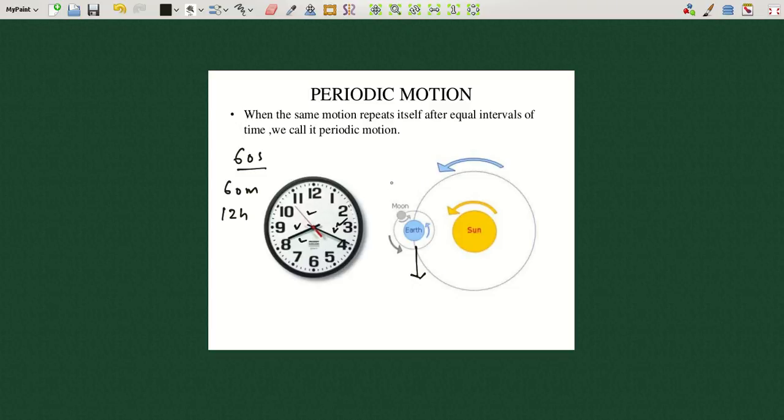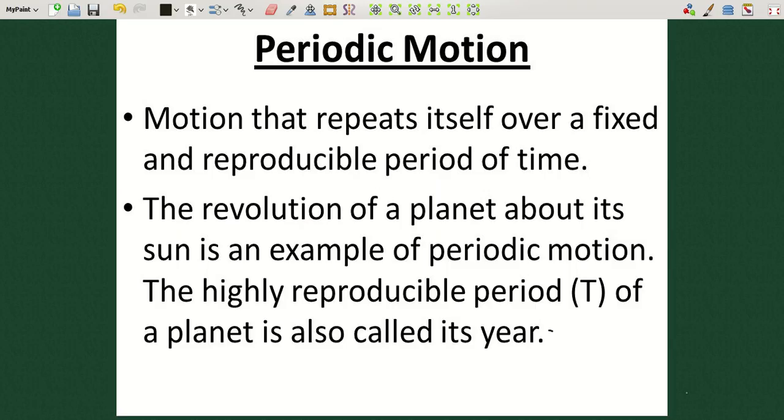So when the same motion repeats itself after equal intervals of time, we call it periodic motion. Dear students, do you understand? This is periodic motion. Now more about periodic motion.